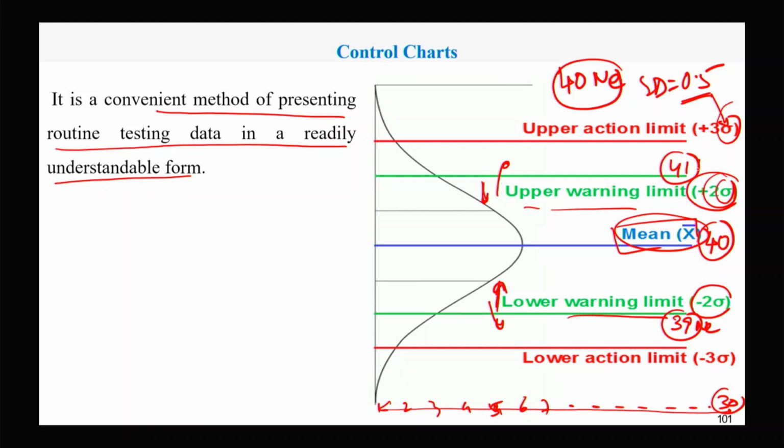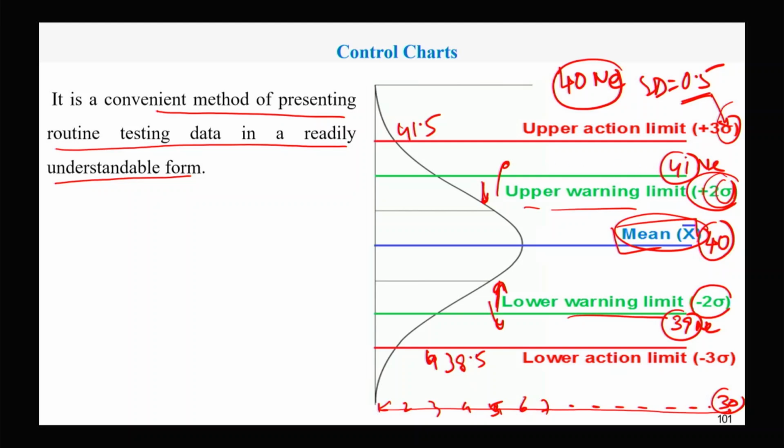Between 39 and 41, if our reading comes, it's okay. But the action limit is 0.5 beyond, so 41.5 and 38.5, that is the outer zone.